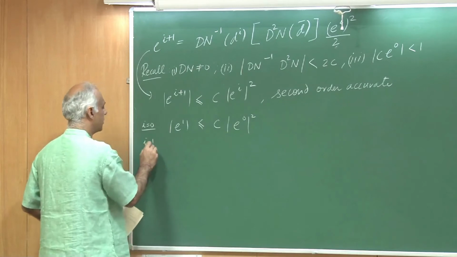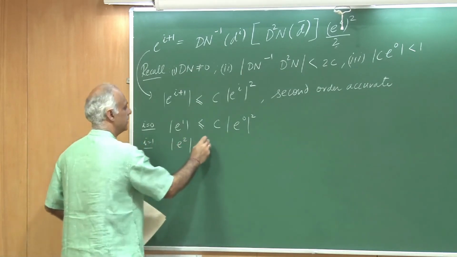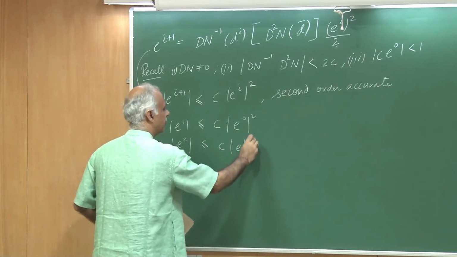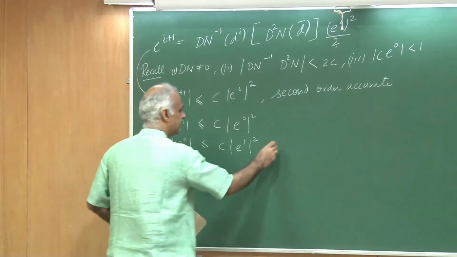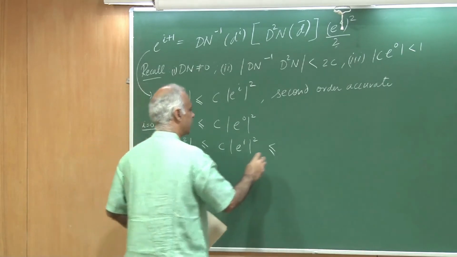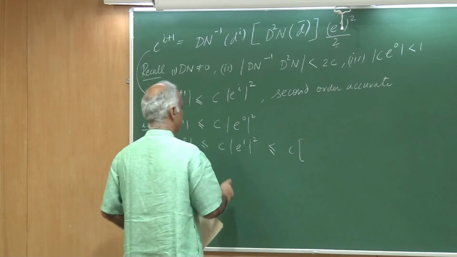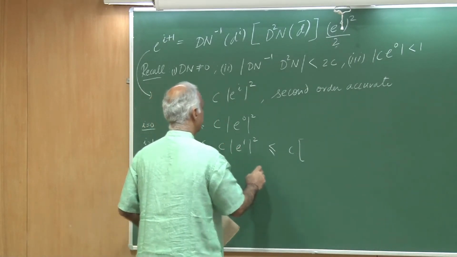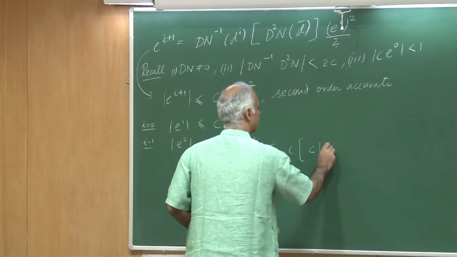If I put i equal to 1, then you can see I get E2 would be less than C times E1 square. But then this in turn would be less than, I can substitute for E1 over here, so this would be C times, for E1 I will put C E0 square.